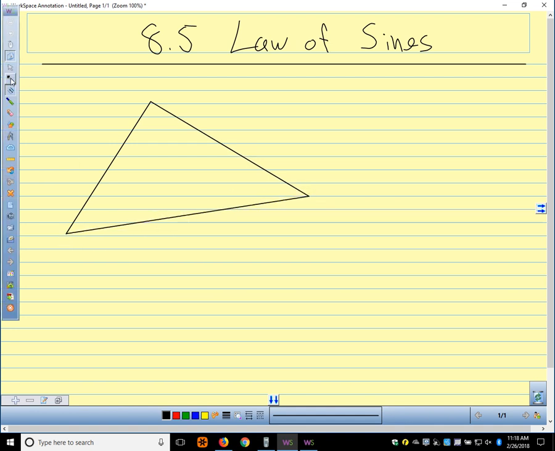This is just some generic triangle, nothing special about it, no 90-degree angles, no special angles. We label angles with capital letters. And we label the sides across from those angles with small letters.